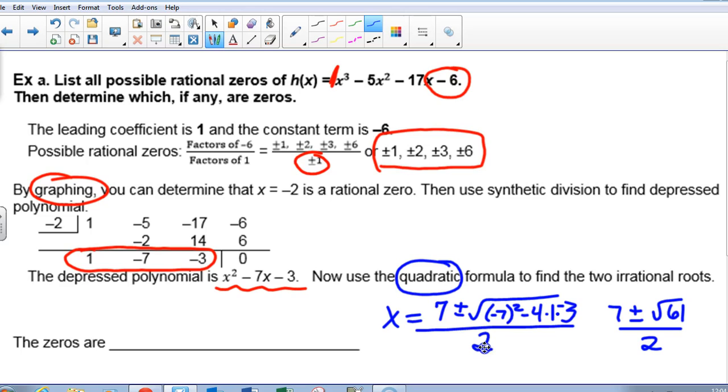Someone else get that? Okay. So what were all of the zeros of this polynomial h of x? How many should it have?